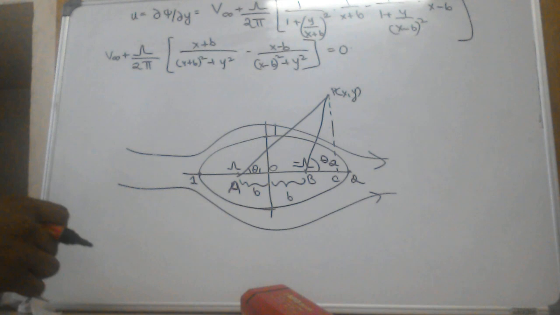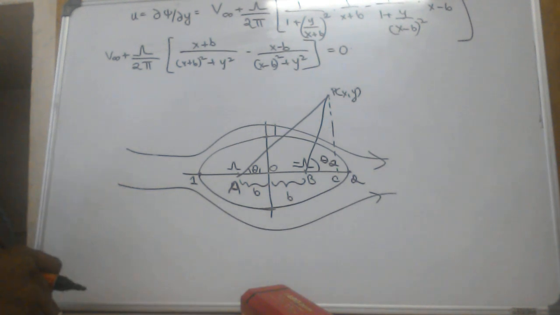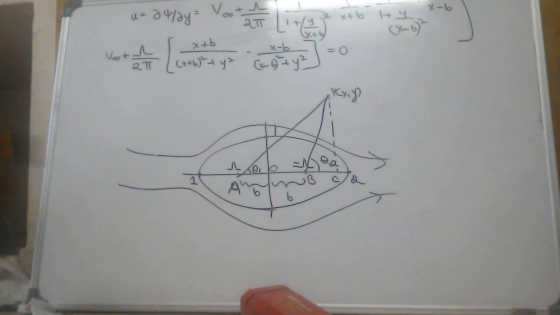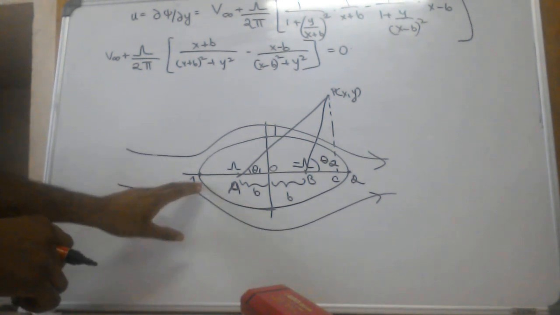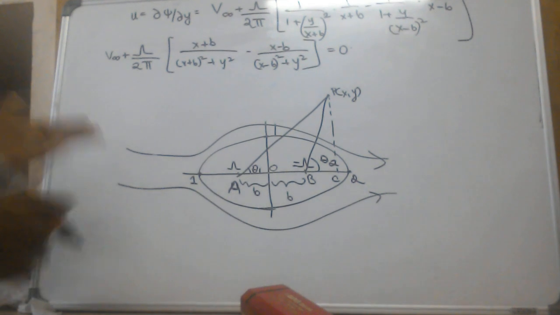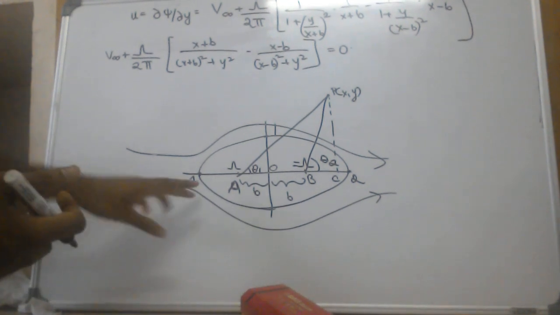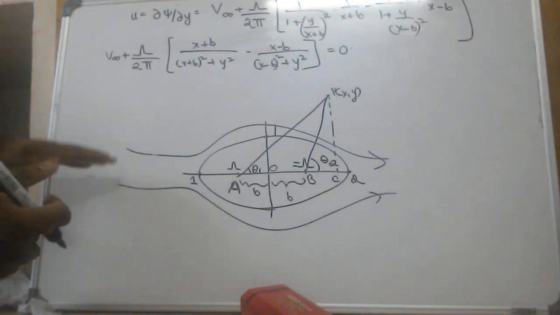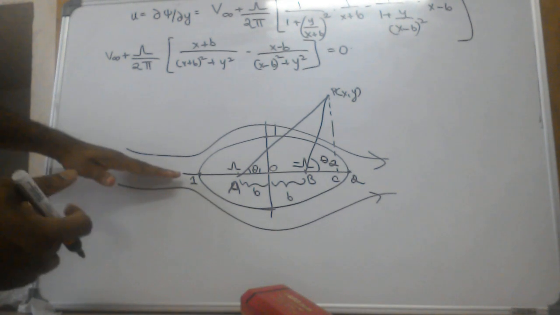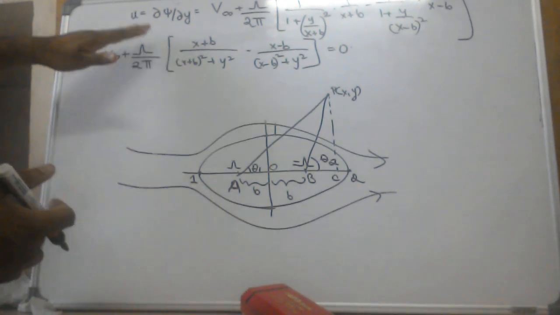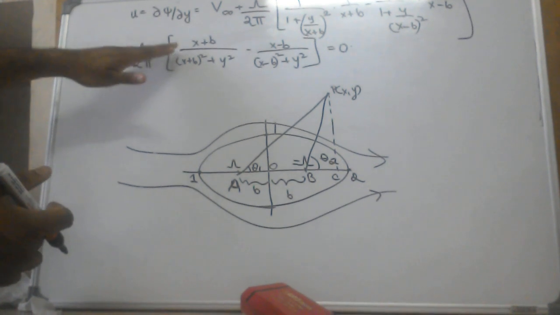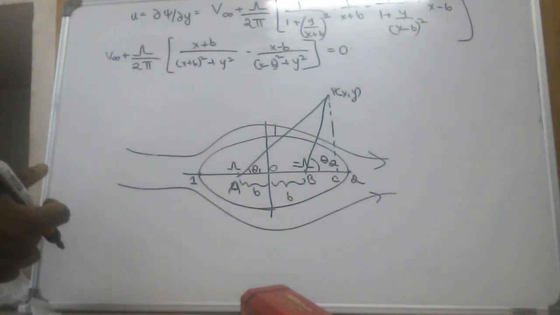So let me just use the argument that I had put forth a while ago. Let me by symmetry say that at points 1 and 2 the v velocity will be 0. At points 1 and 2 we know that the y coordinate is 0. So we can derive this by differentiating the stream function with respect to x and putting that to 0.